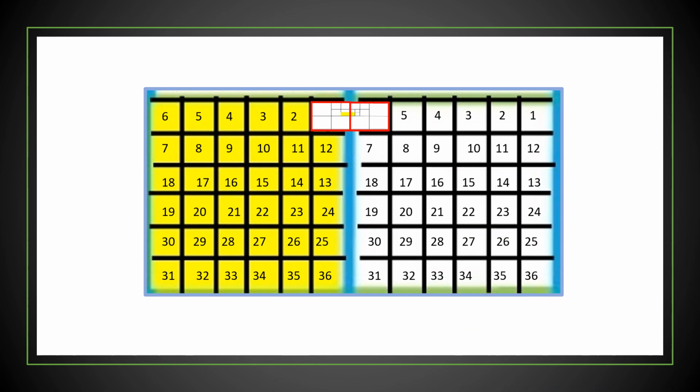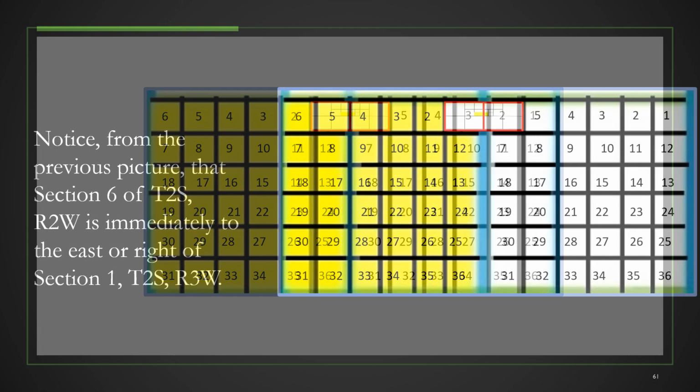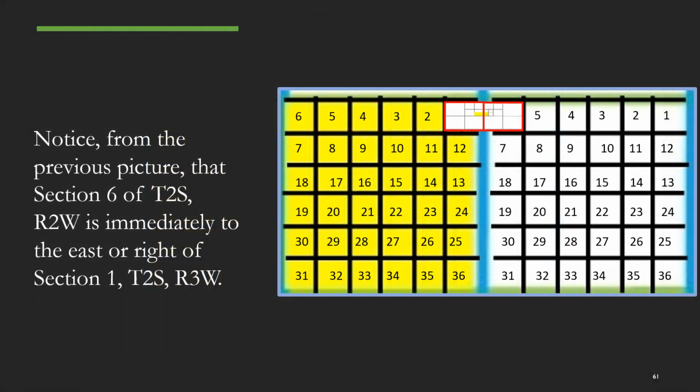This graph again shows two townships that are butted next to each other with the numbered sections. Notice from the previous picture that section 6 of T2S R2W is immediately to the east or right of section 1 T2S R3W.